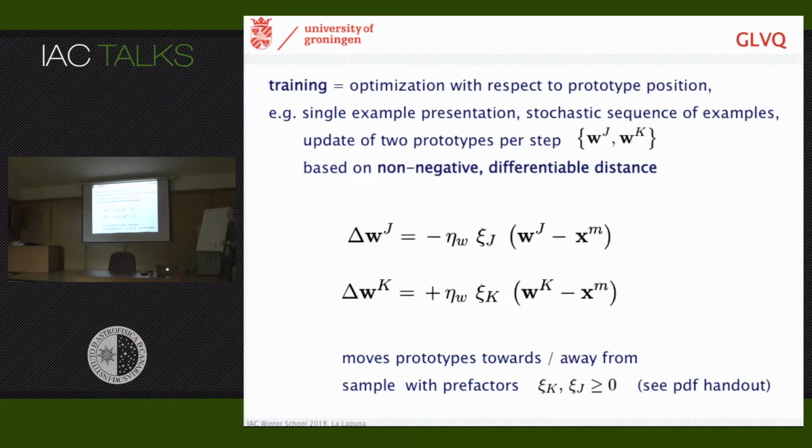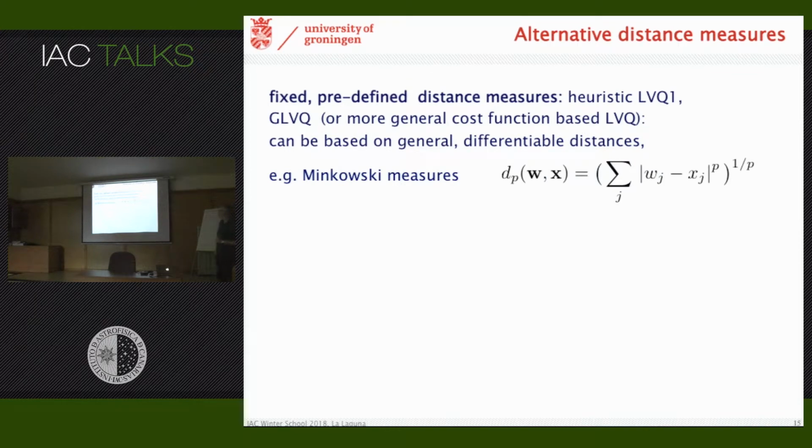The wrong winner, the incorrect winner, will be moved away from the data point. So you're doing almost the same as an LVQ1, only you apply it to 2 prototypes at a time, and you have a more complicated prefactor which is worked out on the slides. But I don't want to confuse you with the precise form. See the PDF handout for that.